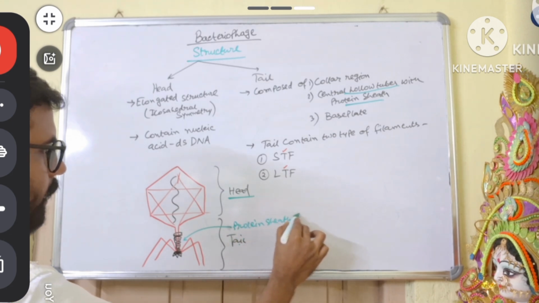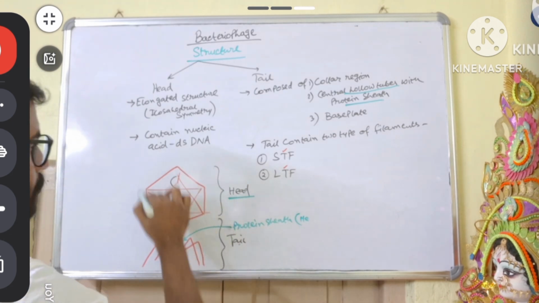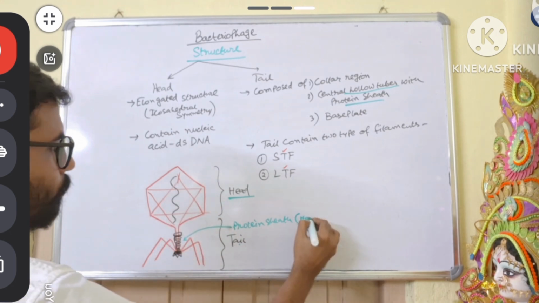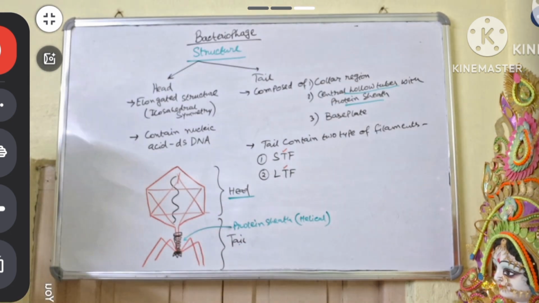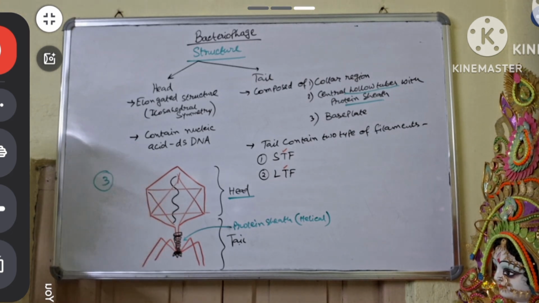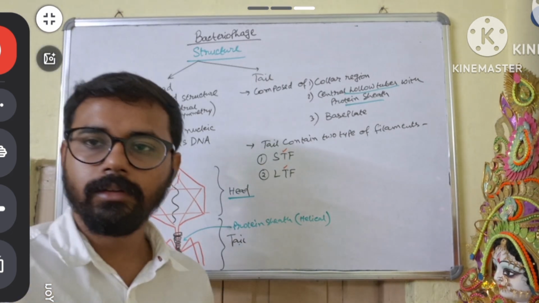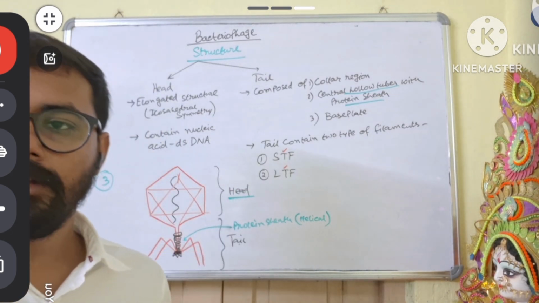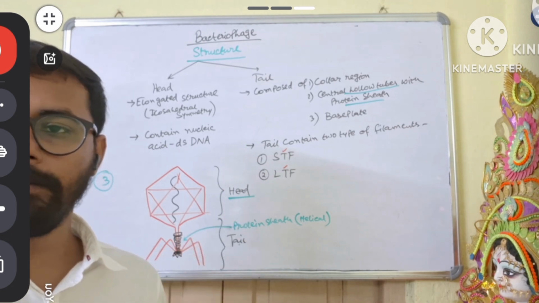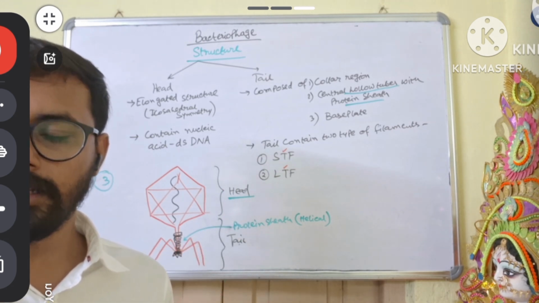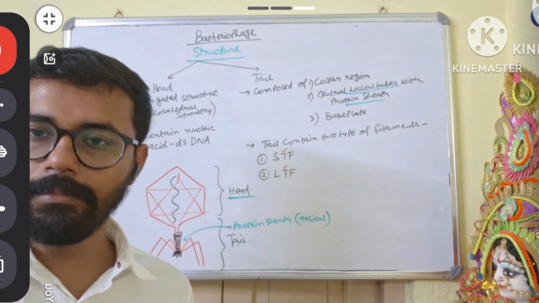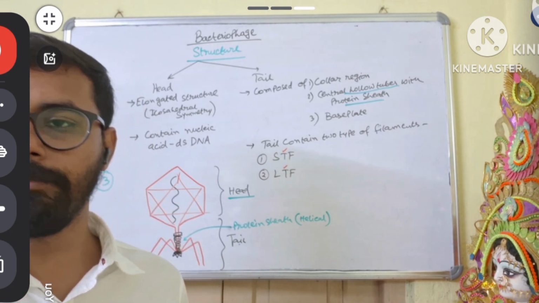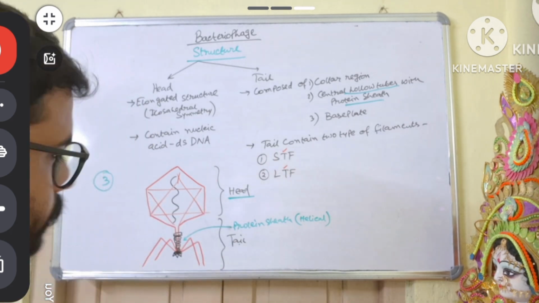Protein sheath is helical, but the head capsid symmetry is icosahedral. So both mixed types are present. That's why it is under classification number 3, complex type. See previously, bacteriophage is a complex type under capsid symmetry because it contains both helical type as well as icosahedral type protein arrangement.